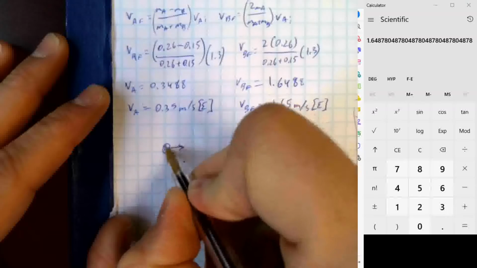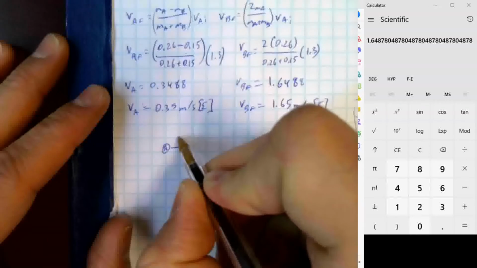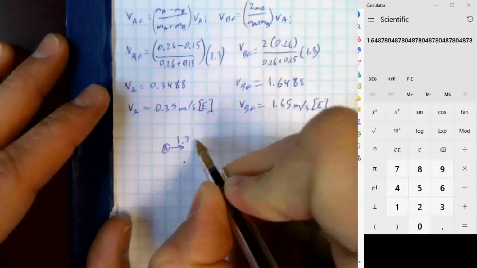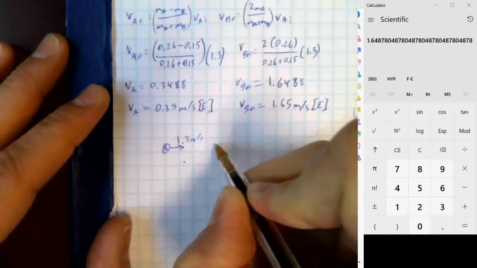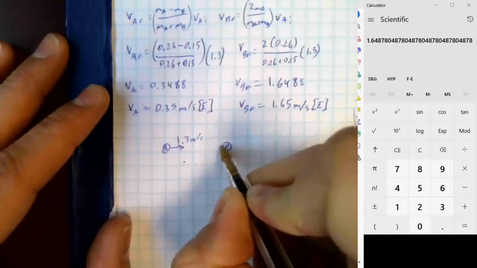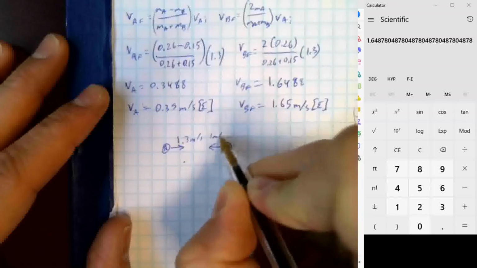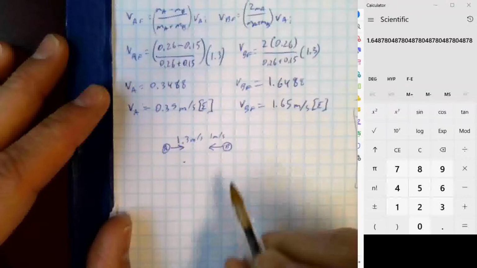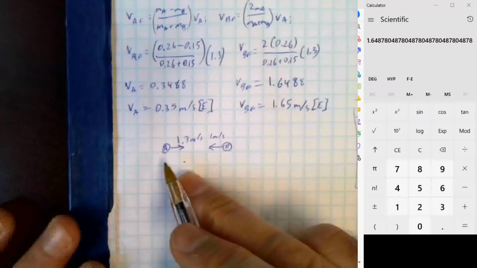Our initial situation is this. We have object A that's traveling at 1.3 meters per second to the east, and object B that's traveling 1.0 meters per second to the west.